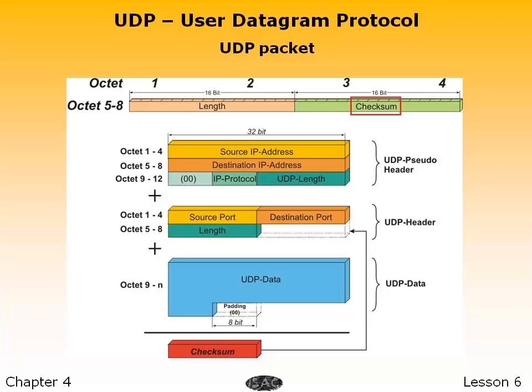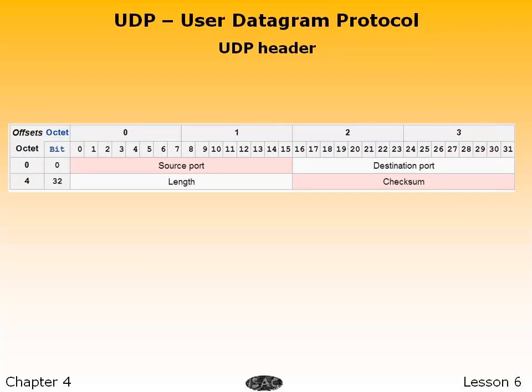UDP provides application multiplexing and integrity verification of the header and the payload. If transmission reliability is desired, it must be implemented in the user's application.